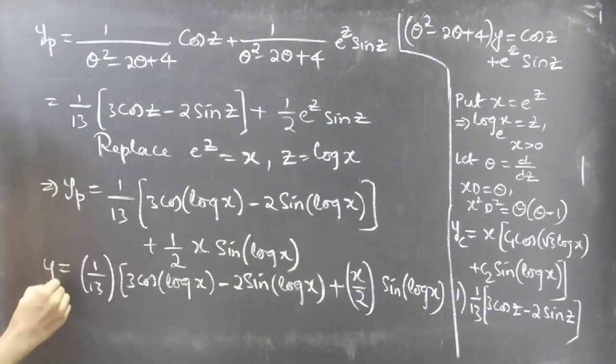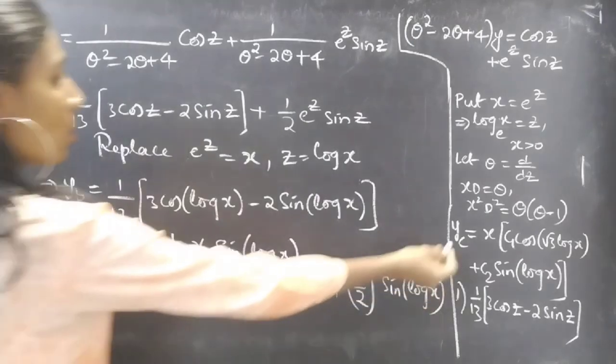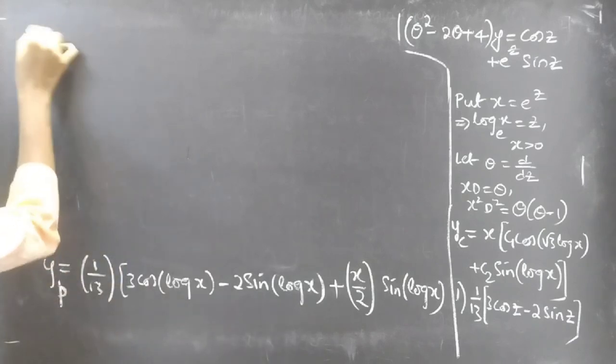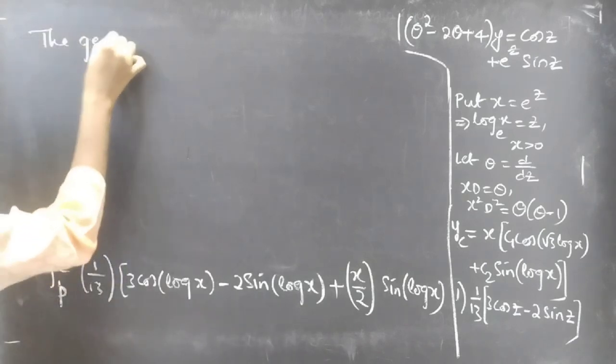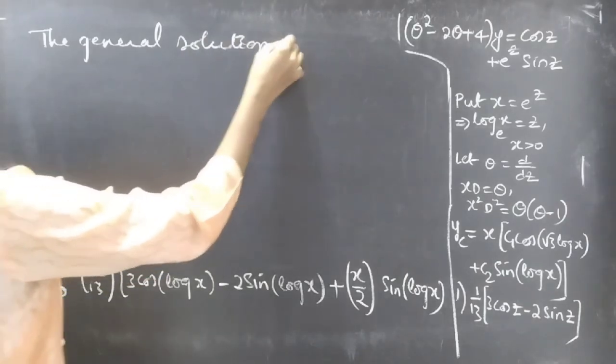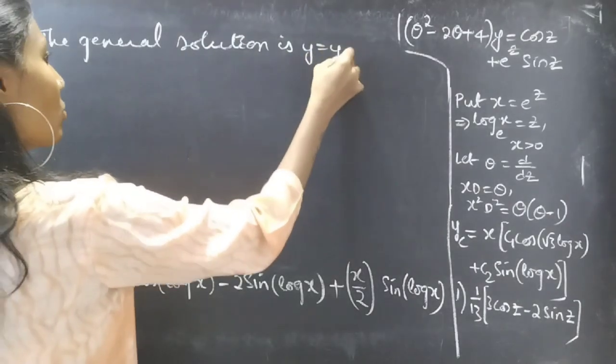So we got yp and yc. Let's now write the general solution. The general solution is given by y equals yc plus yp.